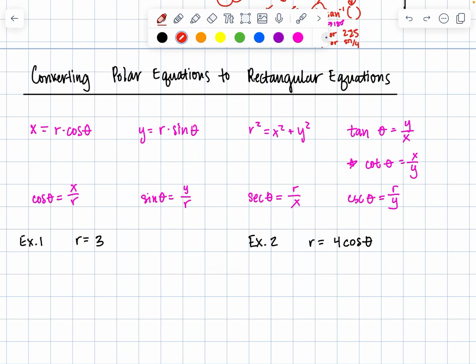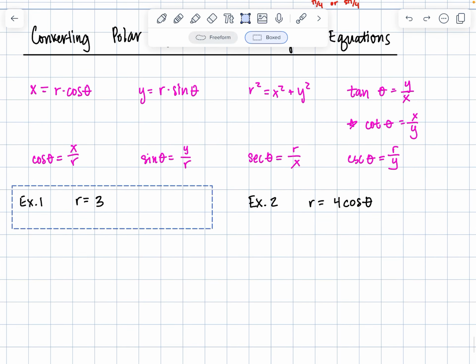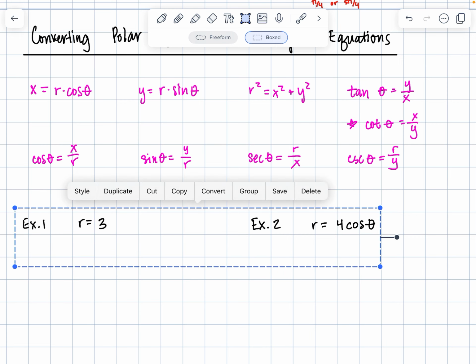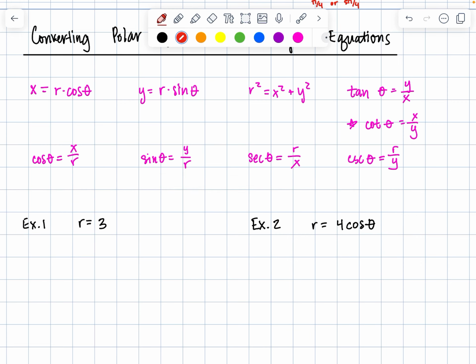Converting polar to rectangular means that we are going from, pretty much like how we did with coordinates, r comma theta to an x comma y.